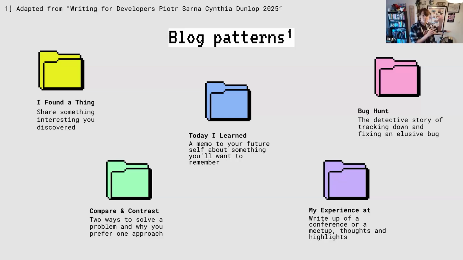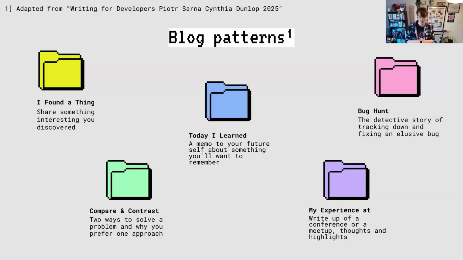Or perhaps it's I Found a Thing, where you want to share something interesting that you discovered. Either way, if you look online for examples of I Found a Thing blogs or Today I Learned blogs, you can see other people's blogs and the structures that they've used. Borrowing those structures can be a really good way to get started, and to have some kind of skeleton of a blog to work back from rather than just a blank piece of paper.